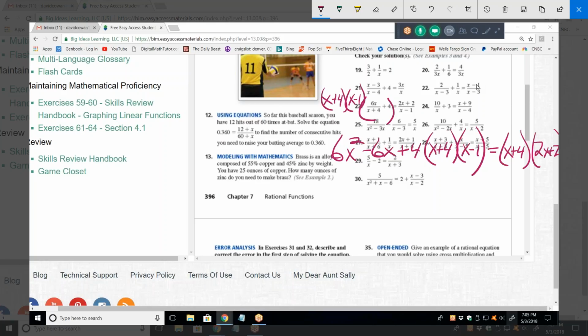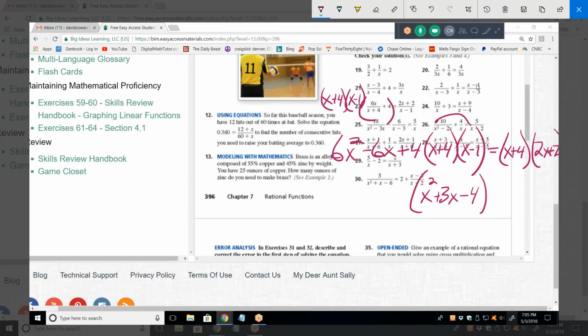So we're going to have to multiply these two terms together. Let's do that. What's that give you? x squared minus 5x. Well, it's minus 1x plus 4x, which is plus 3x, and then minus 4.